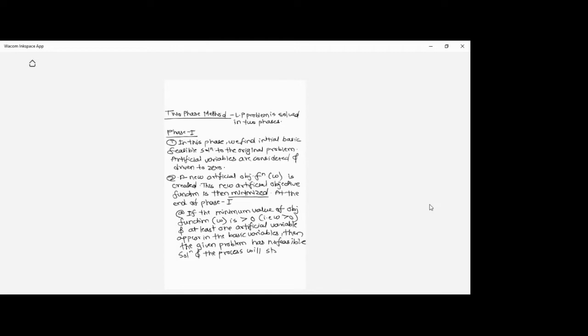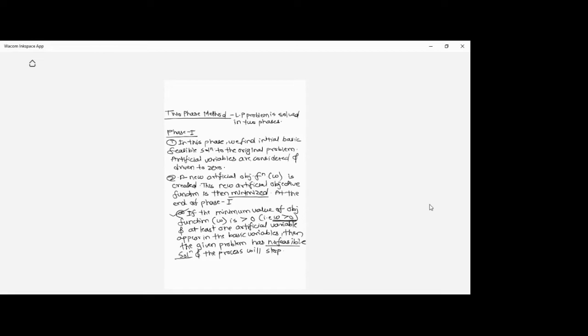So now this is the criteria. There can be other 2 cases that may arise, and we will see them afterwards. But today we are going to see only case 1, in which W will be greater than 0, and that signifies that this is the type of numerical in which there is no feasible solution, right?